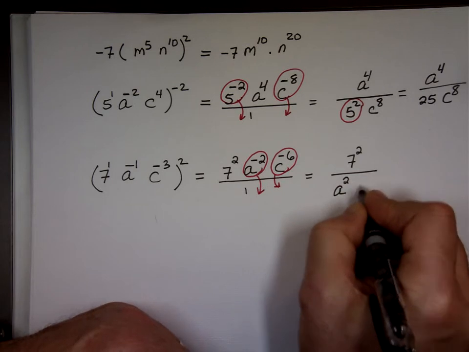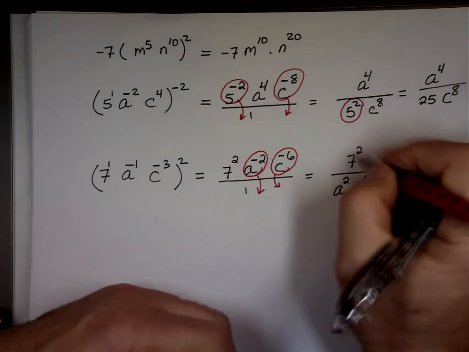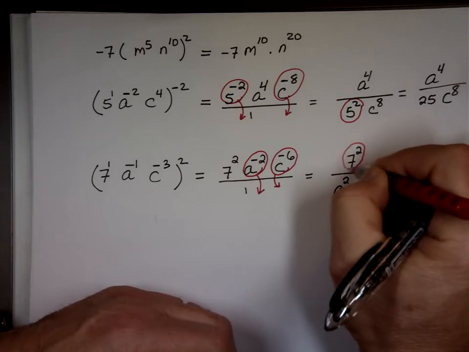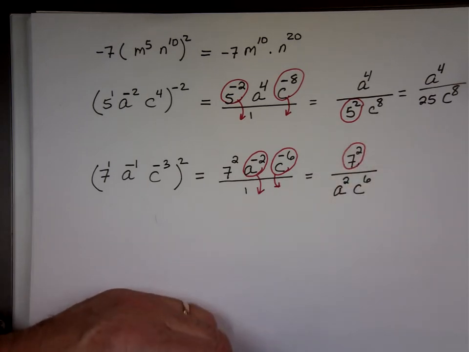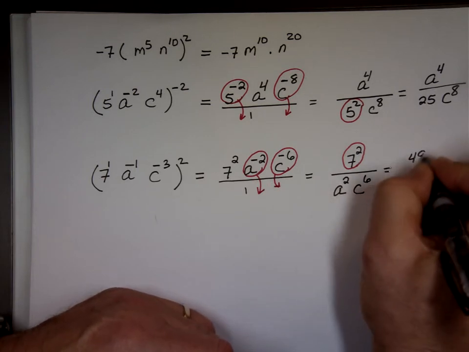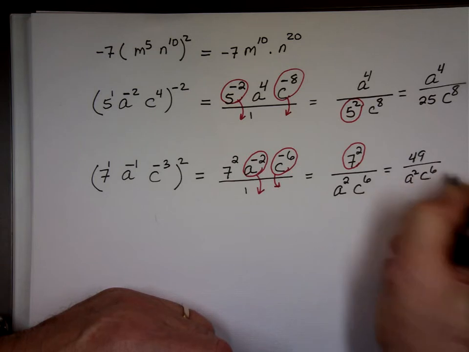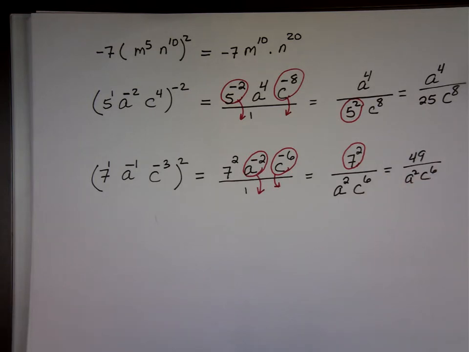C to what power? 6. And the last step again, don't leave the number 7 squared. What's 7 times 7? 49. 49 over A squared C to the 6. Good.